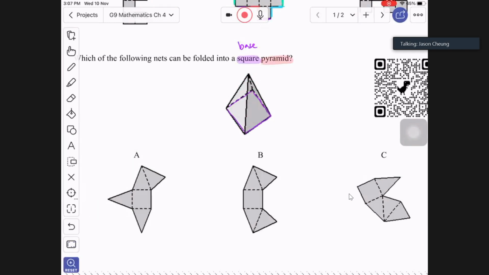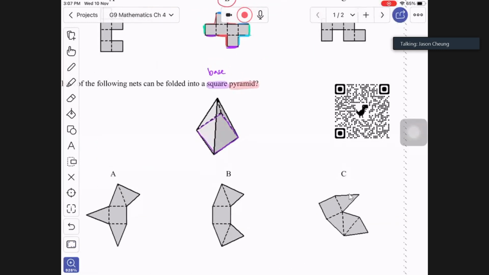All right, again, let's use this QR code and see what happens here. All right, so let me show you this QR code.